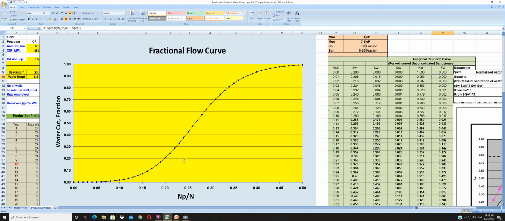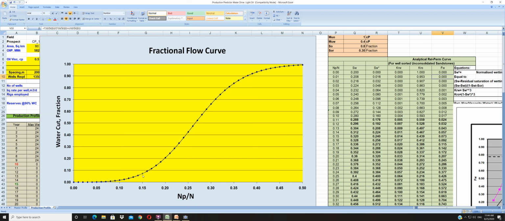But one thing you can see here, with this mobility contrast of 1 and 0.4, which is very close to 1 actually, that is around 2.5 mobility ratio, the displacement is quite stable and favorable. You can see till 10%, there is no water production in the reservoir.